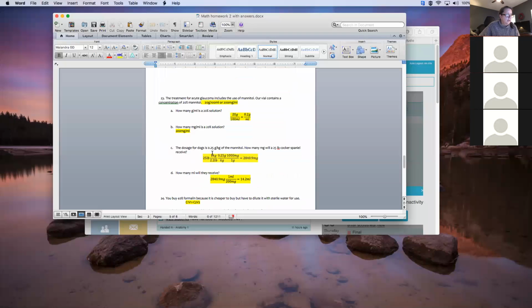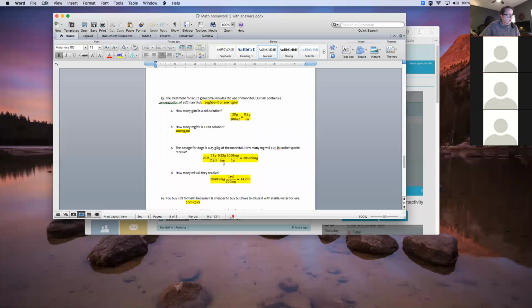My dog needs 0.25 grams per kilogram of mannitol. Now, the doctor in this situation told you the dose in grams per kilogram. Sometimes they say milligrams per kilogram. Number 24. If I need 0.25 grams per kilogram, first of all, my patient's 25 pounds.